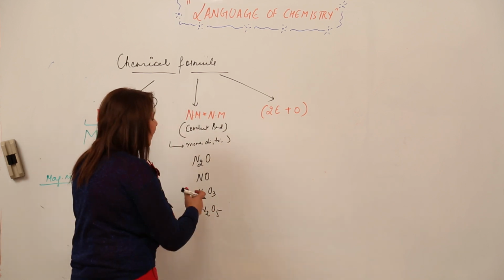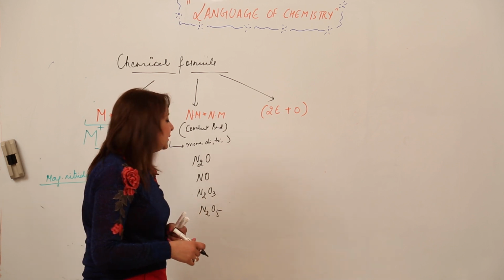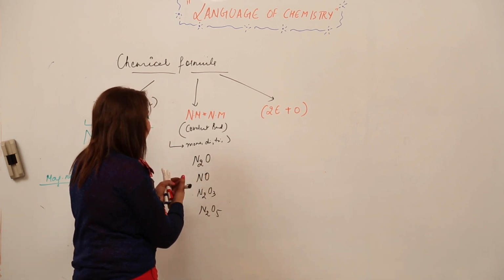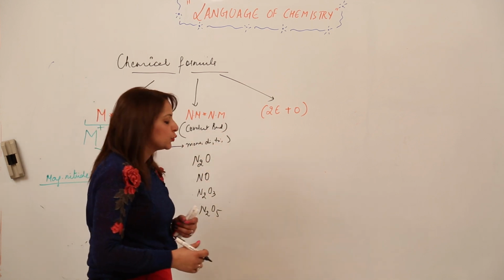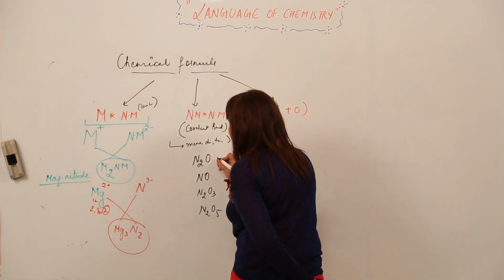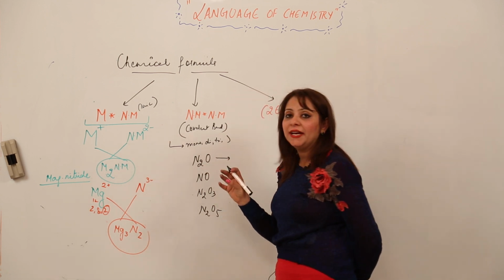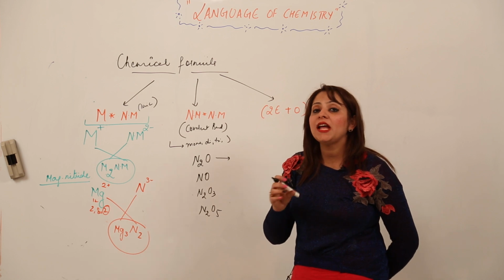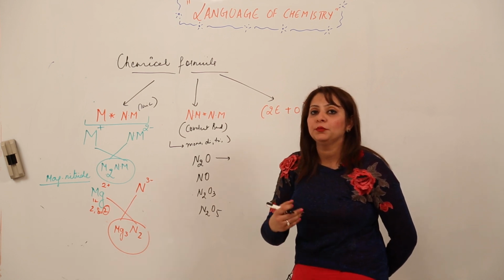So there are many nitrogen and oxygen compounds, because nitrogen shows variable valency. So what is the basic thing that I need to tell you? Where this mono, di, tri is used, it is just used as a prefix. That means they will be written at the start of the name.